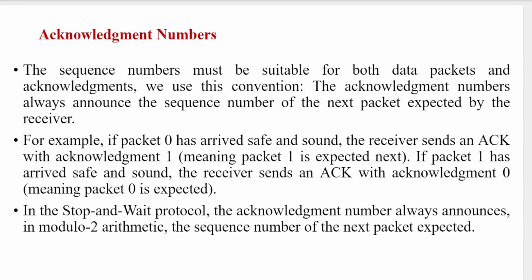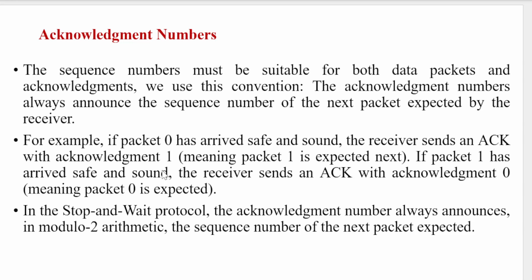Now, how are the acknowledgement numbers used? The acknowledgement numbers are basically used to get the next data. Here in the second point, you can see that if packet 0 has arrived safe and sound, the receiver sends an acknowledgement with 1, meaning that packet 1 is expected next. Whenever the receiver sends an acknowledgement, it tells the sender that I am willing to accept the next part of the data.